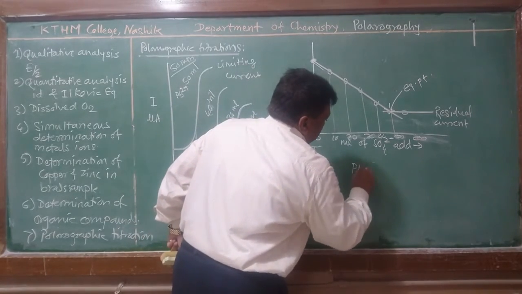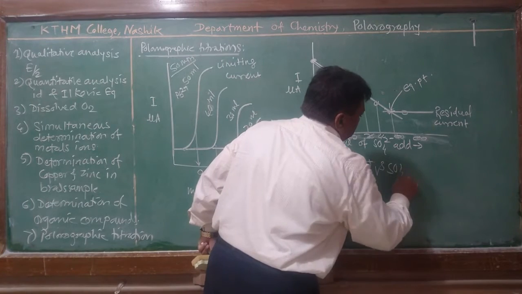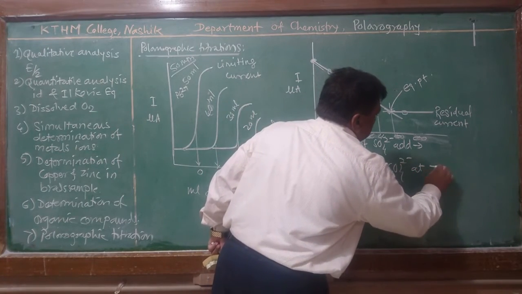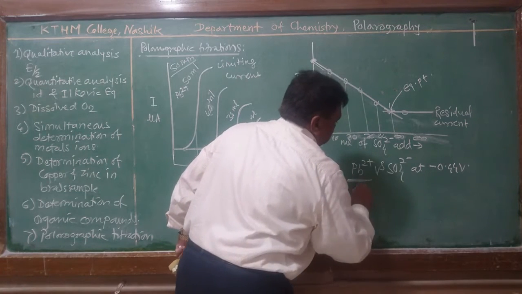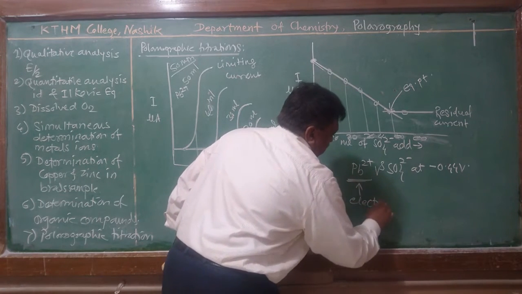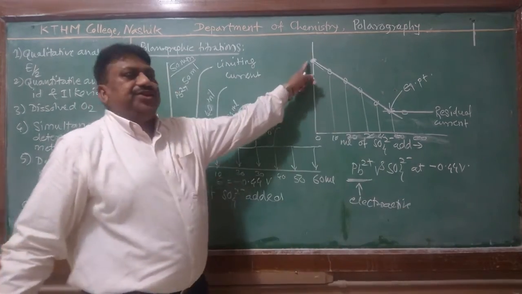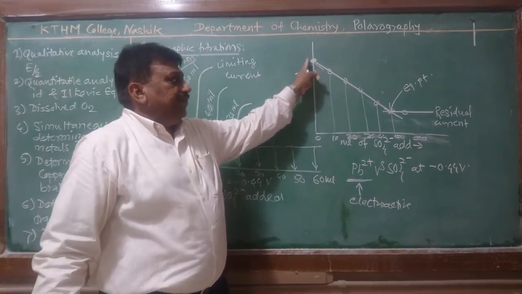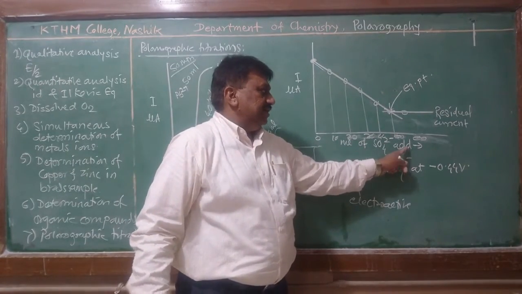Here we can determine Pb2+ with sulfate ion at minus 0.44 volt, where Pb is electroactive. Therefore, this is a titration curve in which diffusion current decreases as ml of titrant is added.